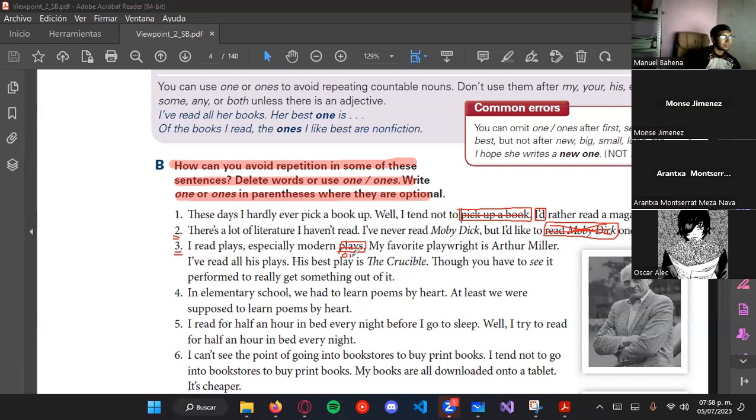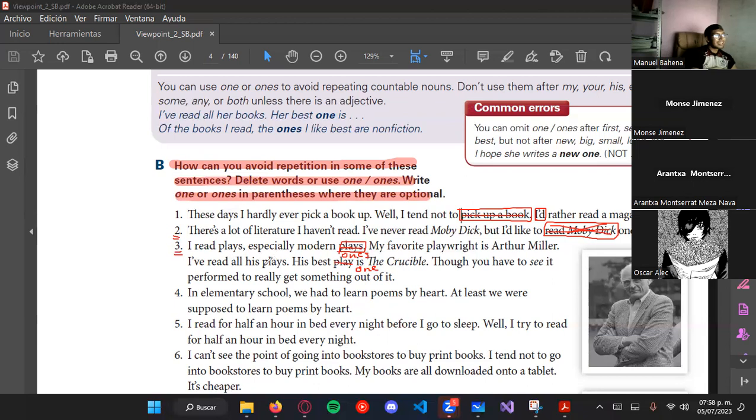I have read all his... creo que se puede evitar ahí el plays, ¿no? I've read all his plays. Pero creo que se tiene que cambiar un poquito la oración. I have read all of his plays. No, creo que sí está bien así. ¿Vamos a dejarlo así? His best one is the Crucible, though you have to see it performed to really get something out of it. Exactly. There we go. Just like that, Oscar.